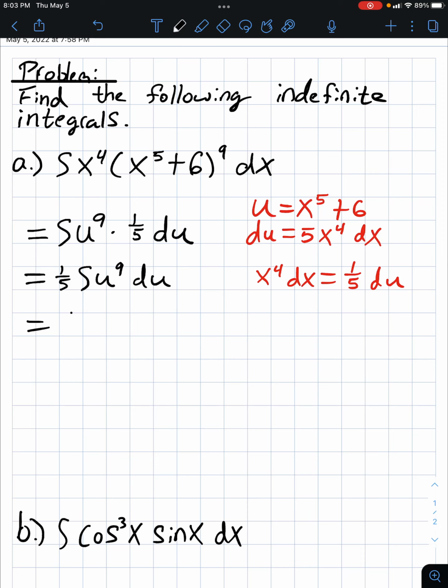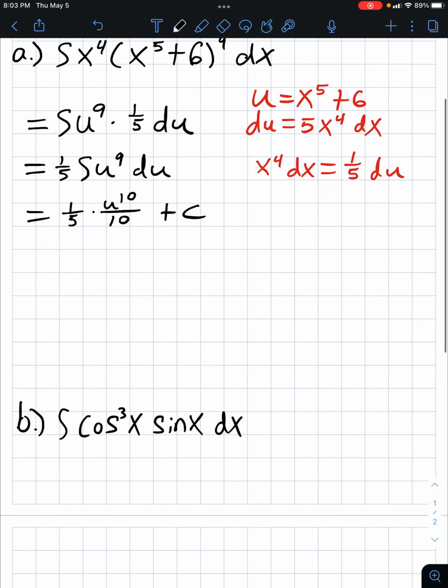Now we take the integral of u to the ninth, so this is equal to 1/5 times u to the 10th divided by 10 plus c. Multiplying the denominators, 1/5 times 10, we have 1/50 times u to the 10th.